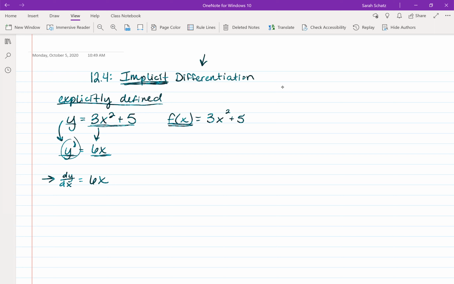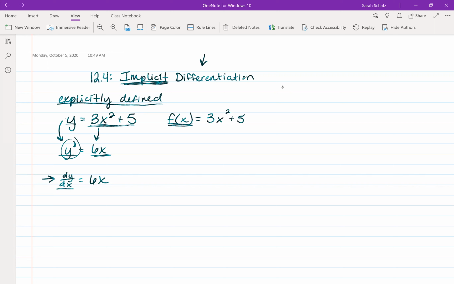Remember that dy over dx just literally means the derivative of y with respect to x. The with respect to part just means the derivative of y, assuming that y is a function of x. X is the input. X is the value that's changing.